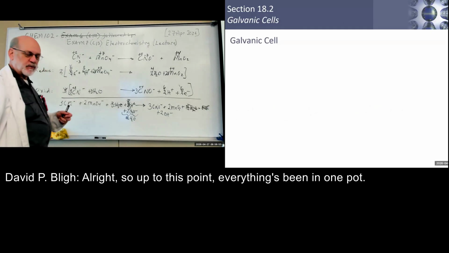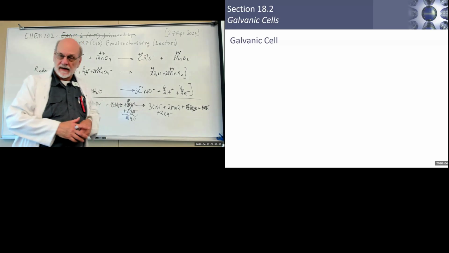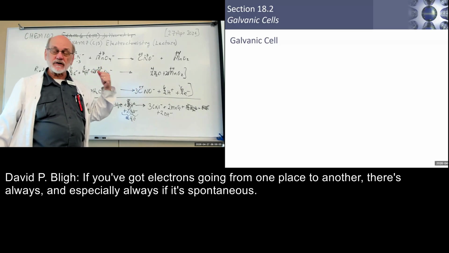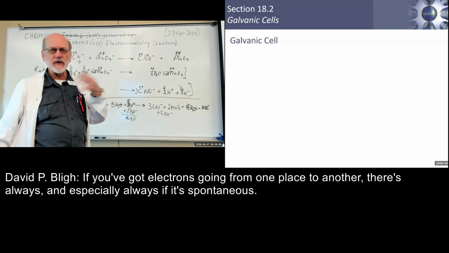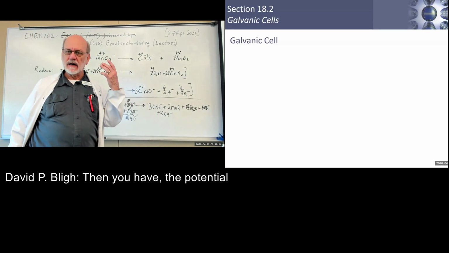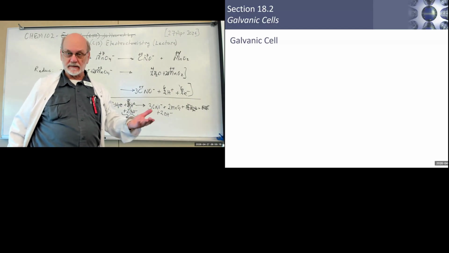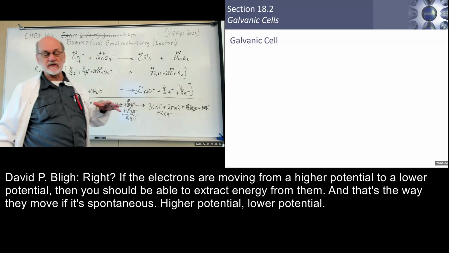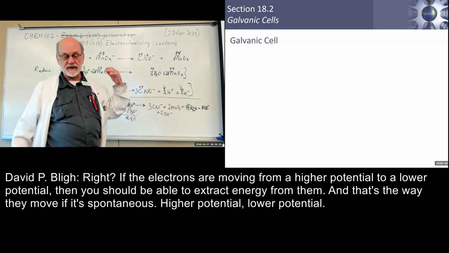All right. So up to this point, everything's been in one pot, the reaction. When those electrons move, if you've got electrons going from one place to another, there's always, and especially if it's spontaneous, the potential for extracting some energy from that movement, right? If the electrons are moving from a higher potential to a lower potential, then you should be able to extract energy from them. And that's the way they move if it's spontaneous.